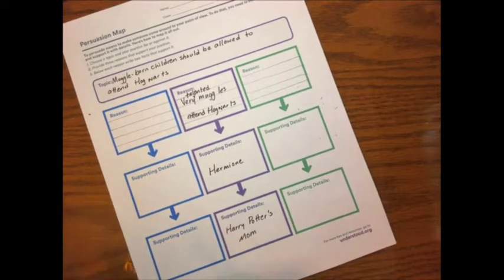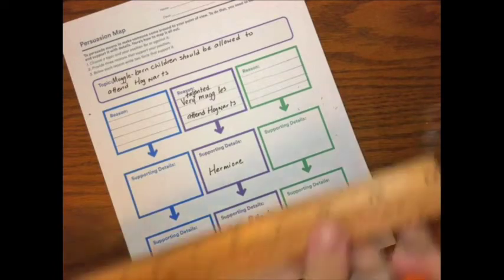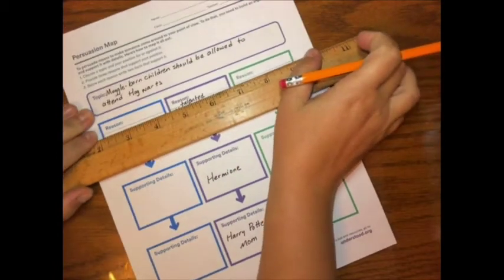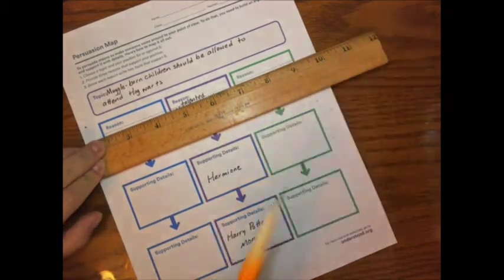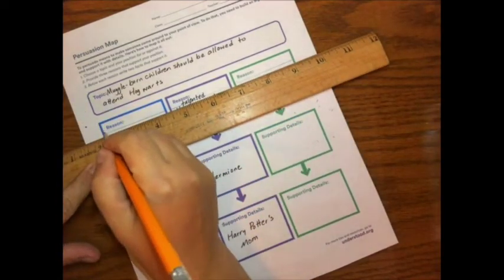Sometimes whenever somebody is filling out a graphic organizer chart like this, the boxes might be difficult for them to fill out because it might be small. And so you can literally take a ruler as a teacher or a parent or even as a student, and you can go ahead and draw your lines going across.